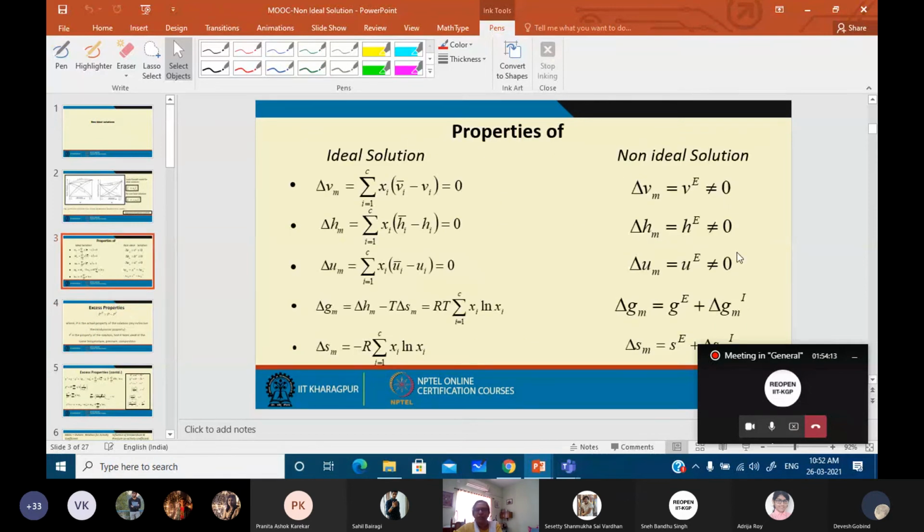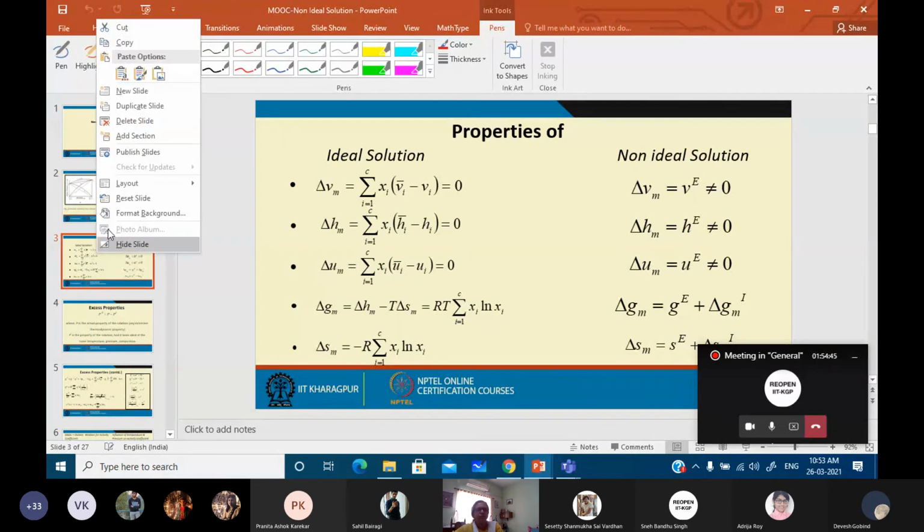Definitely there will be some particular excess volume of mixing and some excess enthalpy of mixing, as a result of which the two constituents will not mix without either evolution or absorption of heat, which normally happens when solutions are formed. This is the basic difference between a non-ideal and an ideal solution.